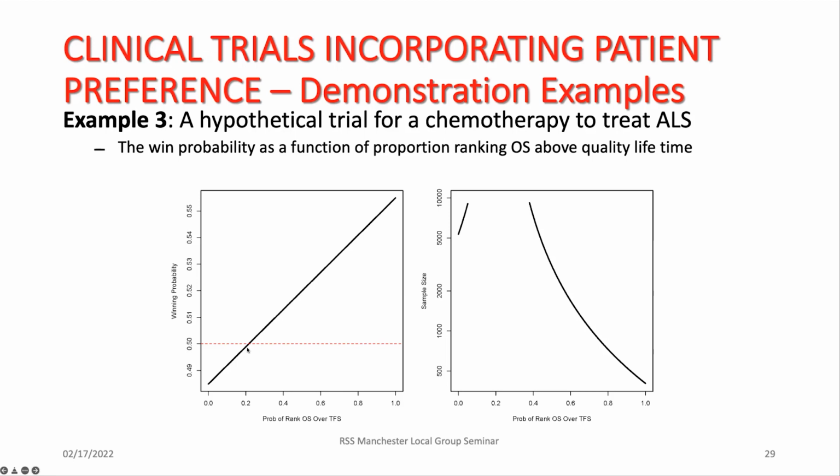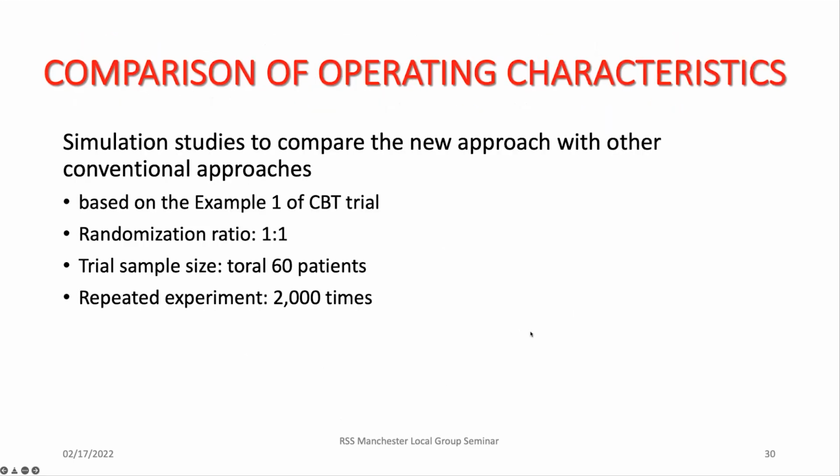But if 80% of patients rank OS over quality, toxicity-free survival, and only 20% rank quality, then actually the treatment is not good because you harm more. So that's the kind of thing that shows the idea of how to incorporate different endpoints.